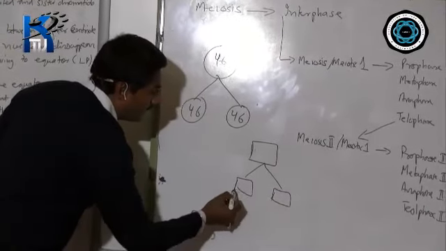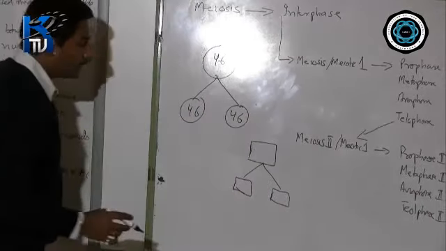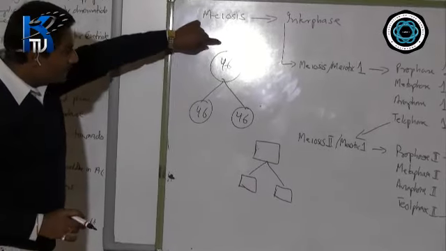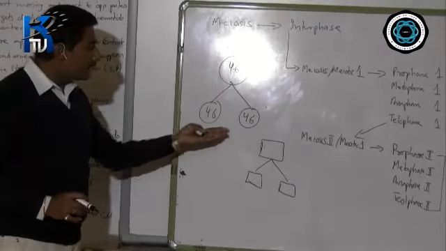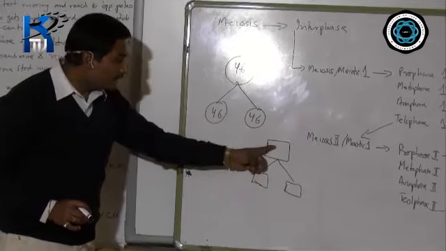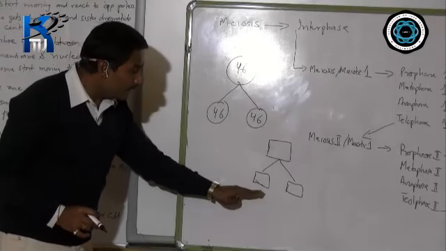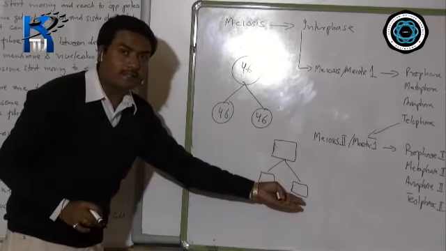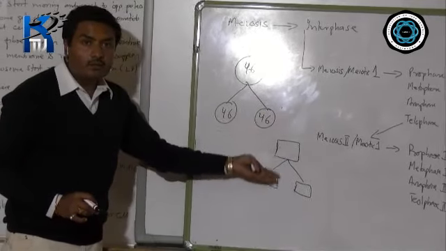The cell divides alike, like the parent. A round, spherical cell divides into spherical cells. A rectangular cell divides into rectangular cells, that means they are identical to their parents.